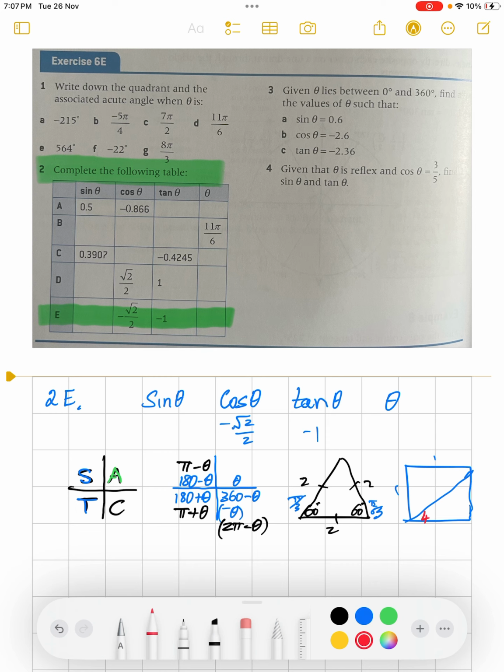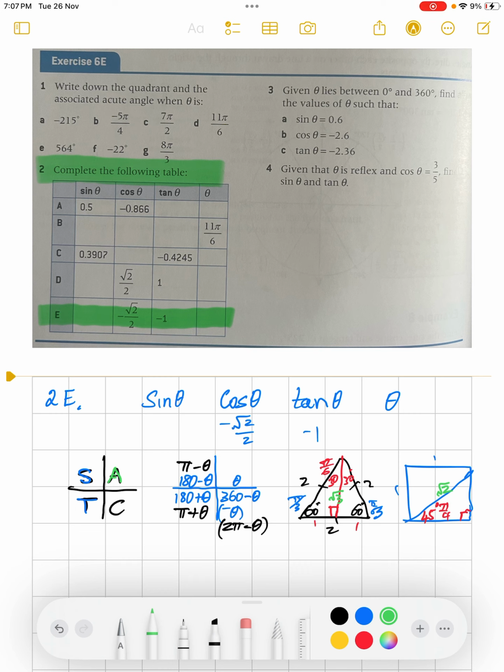That would give us 45 degrees or pi over 4 radians. And for the triangle, I split it up into 2 parts, so we get a 30 degrees up here, or pi over 6. And then we've got a 1 and a 1. And the missing sides are root 3 and root 2.